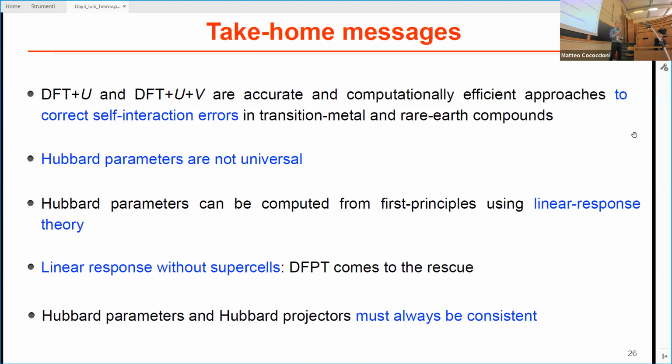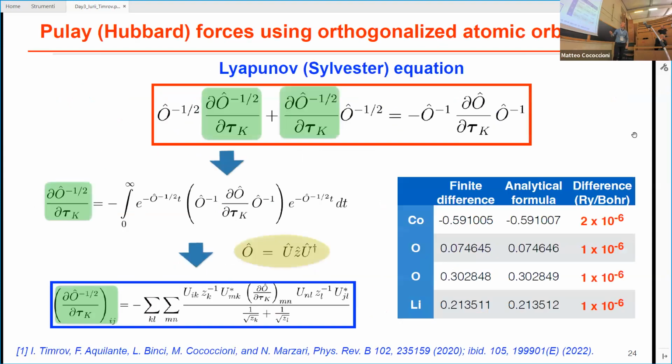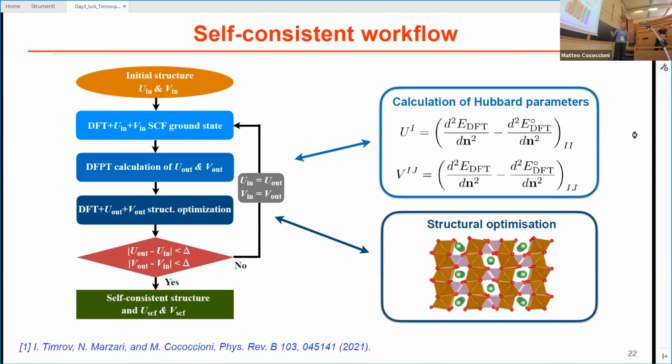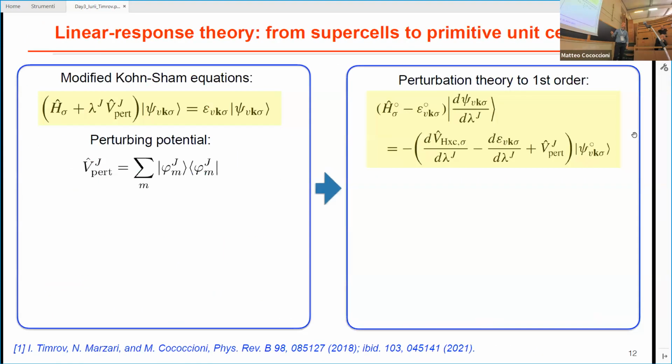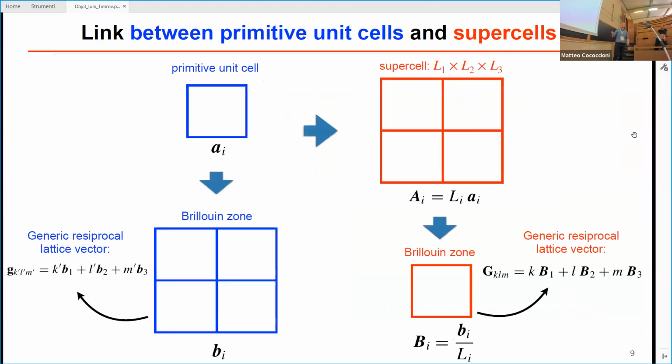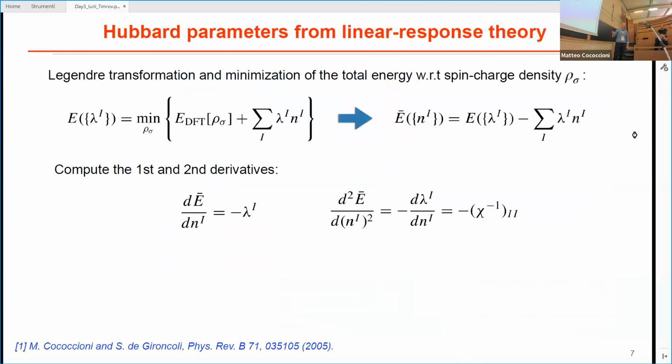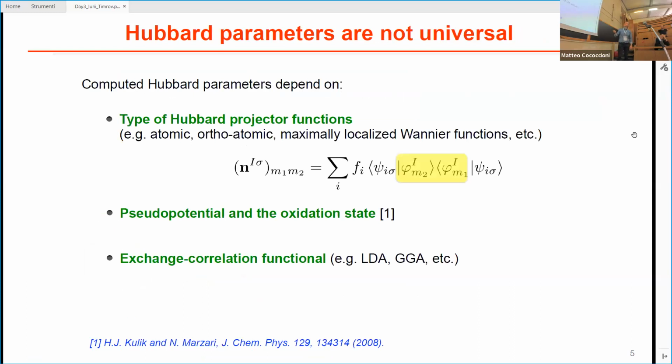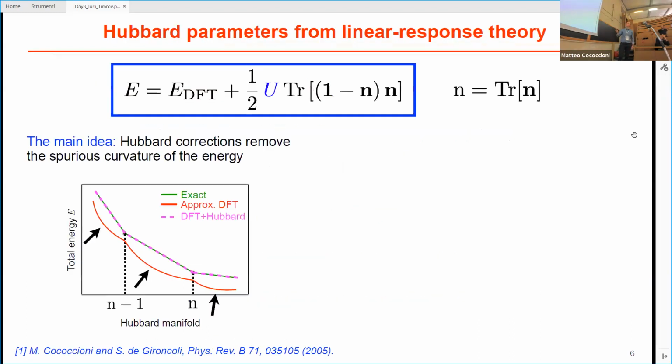So let me just put it in context for everyone. I don't have the slide where the Hubbard correction is written as a sum of two terms: Hubbard term minus double counting. Okay, let's stay here. So what is double counting? This is already the final expression, but you can write it as two terms.